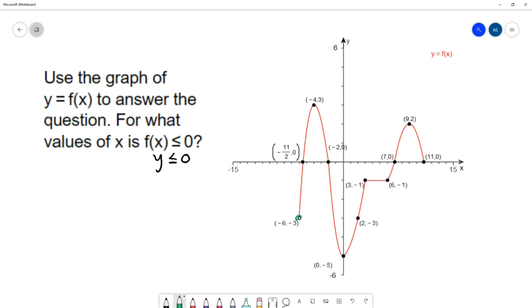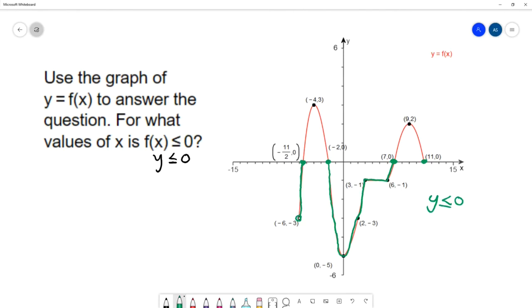So let's highlight that. This section is below, and we have endpoints that are on the x-axis. And then we have this point here that is on the x-axis. So everything that I've highlighted in green has a y value that is less than or equal to 0.